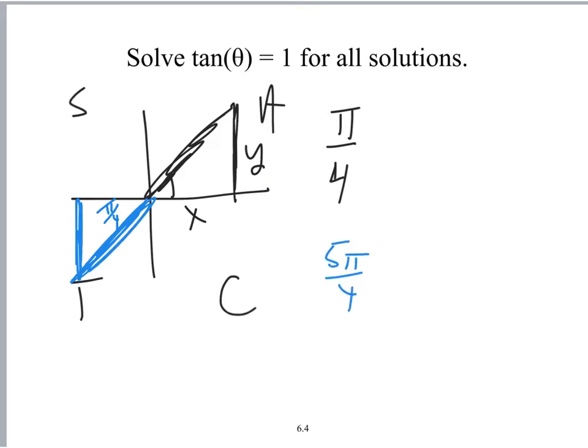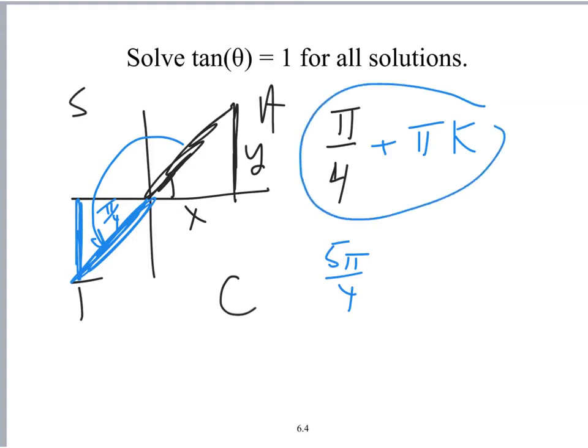I could say 5 pi over 4 plus 2 pi k to get all the way back there. However, isn't this just 180 degrees, your pi units? So we can take care of all of our solutions by just saying plus pi k. And that'll take care of there's the 5 pi over 4. It'll go back to the 9 pi over 4, and so on and so forth. So we don't have to worry about the two sets of solutions with tangent.